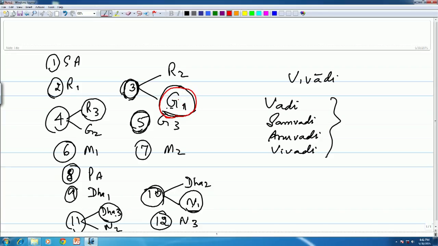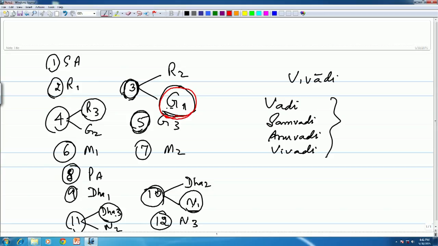Shuddha Gandhara will appear in a raga only when you also have Shuddha Rishabha. If you don't have Shuddha Rishabha, then this swarasthana will always be Re2. But if you have both these swarasthanas, then this will be Re1 and this will become G1.